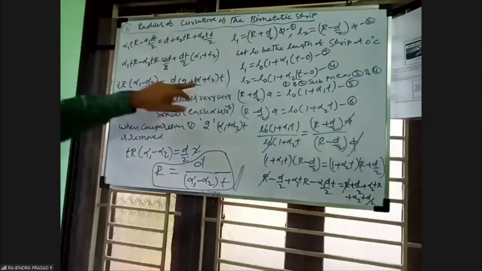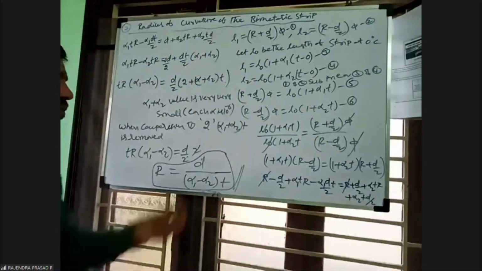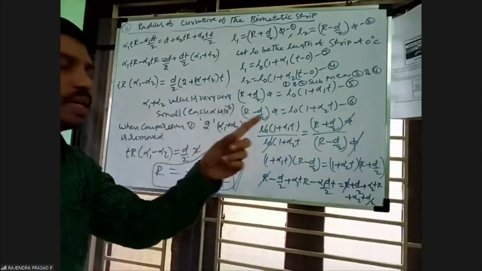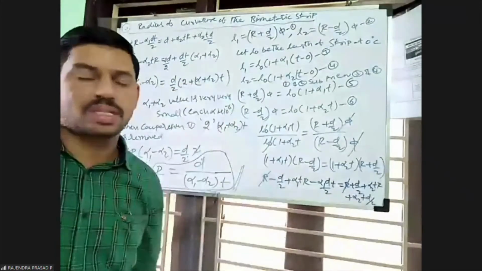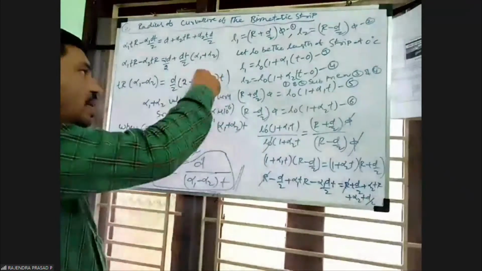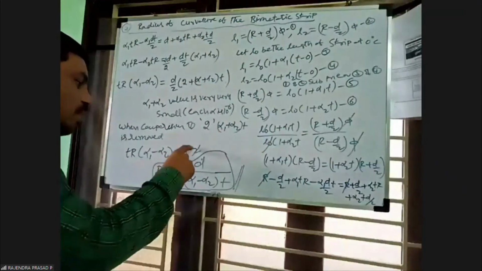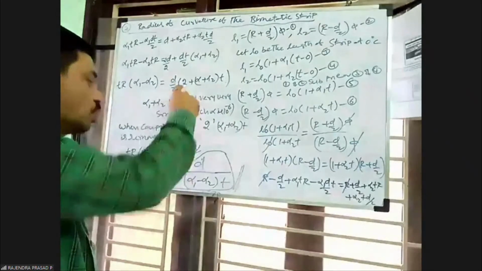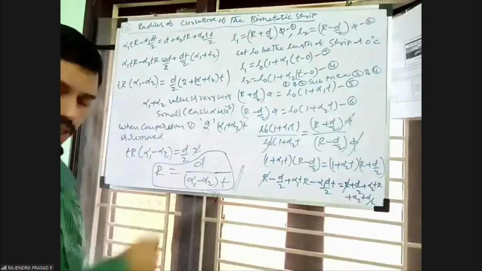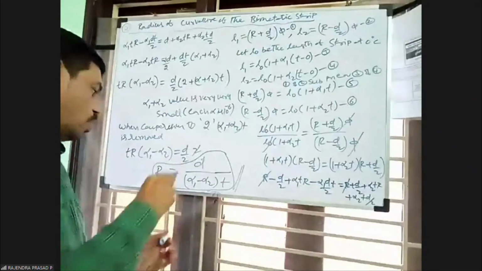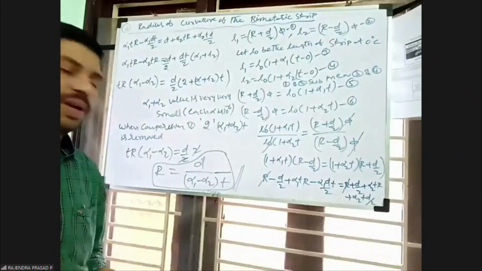Alpha 1 plus alpha 2 is very small compared to the other term, because each alpha value is 10 power minus 6, so this term is eliminated. So 2 cancels. T R into alpha 1 minus alpha 2 equals d by 2 into 2. So only R equals d by (alpha 1 minus alpha 2) into T.